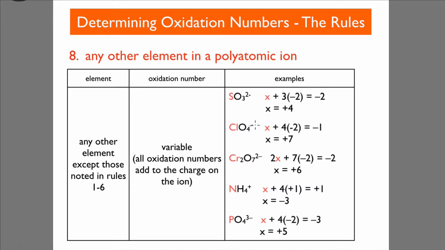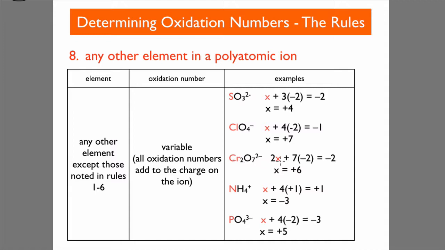Here we've got a charge of -1. So the overall oxidation state is -1. We've got 4 oxygens with an oxidation state of -2 to do the math, and the oxidation state of chlorine will be +7. Here in the dichromate we've got 7 oxygens with an oxidation of -2.